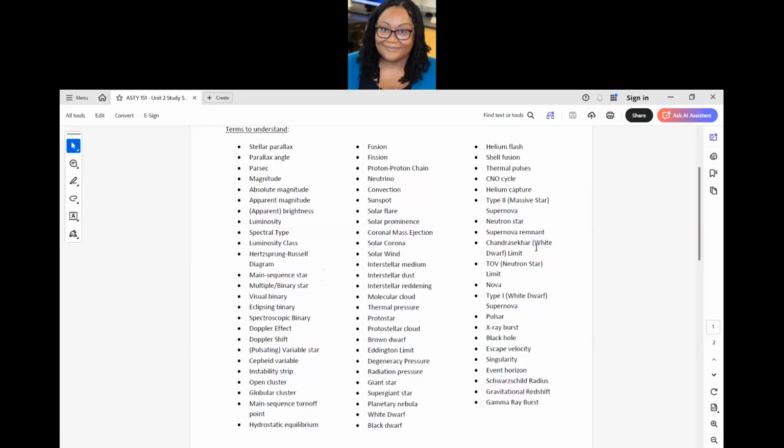So, shifting into our last chapter here, the first term that we run into is the Chandrasekhar or white dwarf limit. This represents the upper limit to the mass that a white dwarf can have before it's forced to evolve into something else. And that something else is the type 1 or white dwarf supernova.